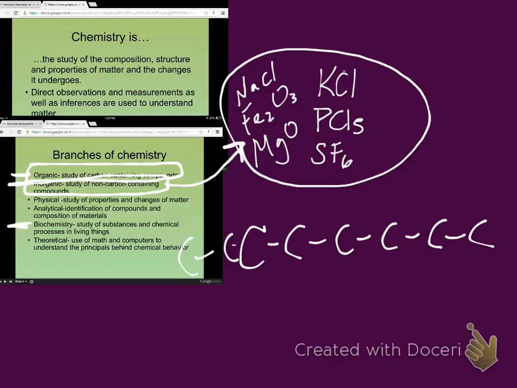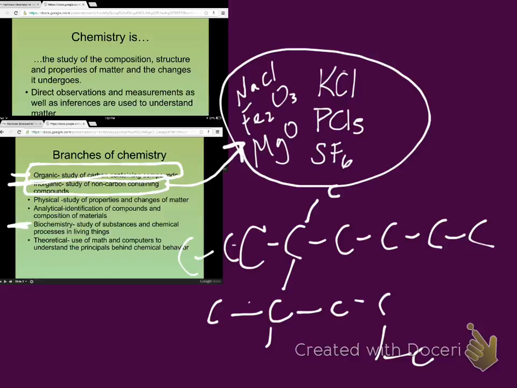Carbon has this weird ability. Carbon can connect to 4 other things. Well, if you can connect to 4 other atoms, you can form these weird, cool lattices. You can do all kinds of crazy stuff. And carbon does all kinds of crazy stuff. Big chains, branches.